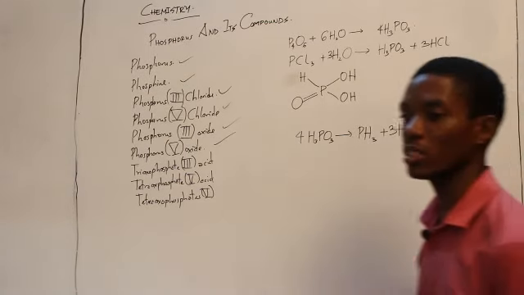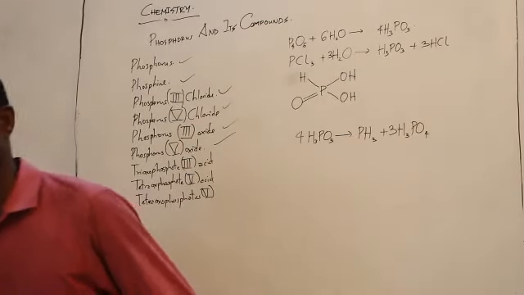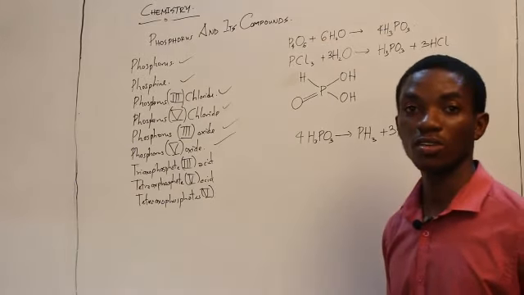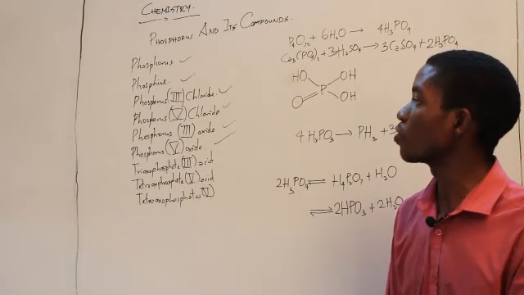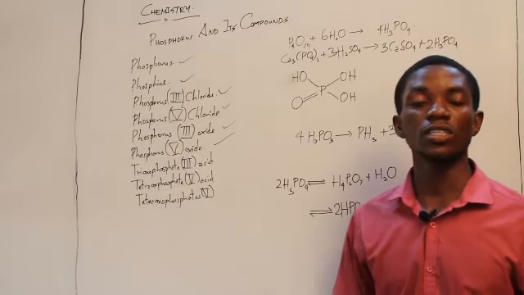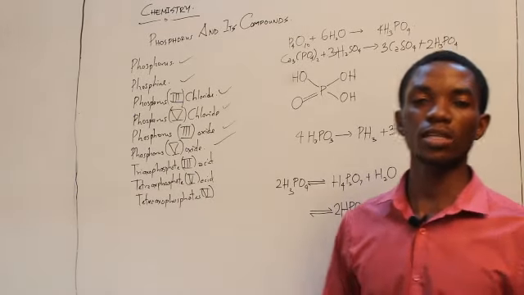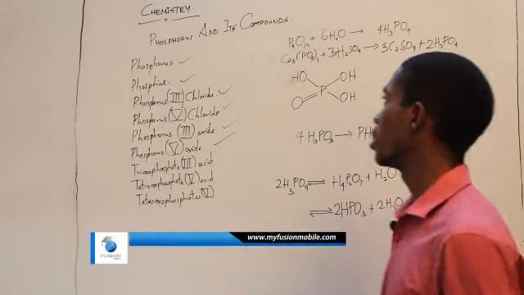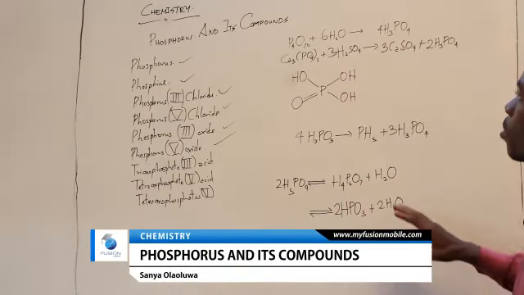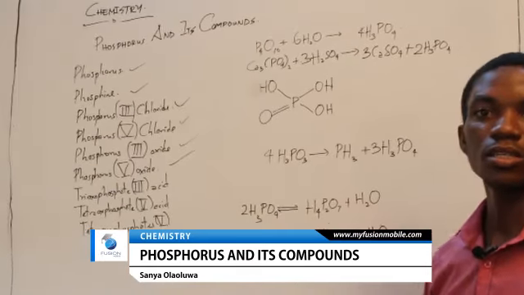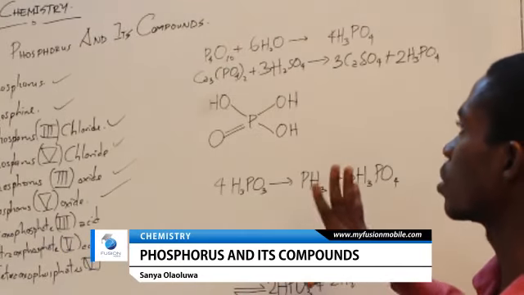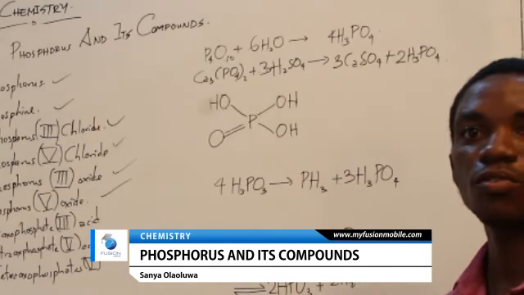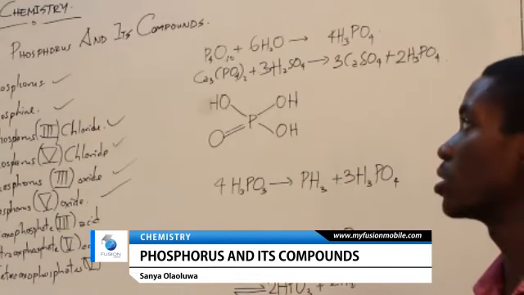Okay, so let's quickly look at the tetraoxophosphate 5 acid. Tetraoxophosphate 5 acid is actually a deliquescent substance. It is in liquid form and it is viscous. It is produced in the laboratory by reacting the salts of it with tetraoxophosphate 6 acid.